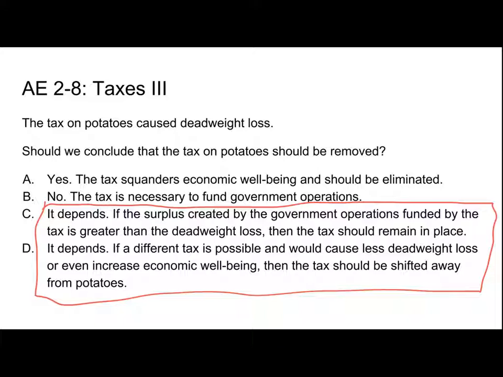But also, if there's a tax approach that would cause less dead weight loss, well, we should be looking at that tax approach rather than the one in question. So it turns out when we get to externalities, negative externalities, pollution taxes actually increase economic well-being in the system and collect revenue, and they're a far superior way to collect taxes. That lesson is coming.